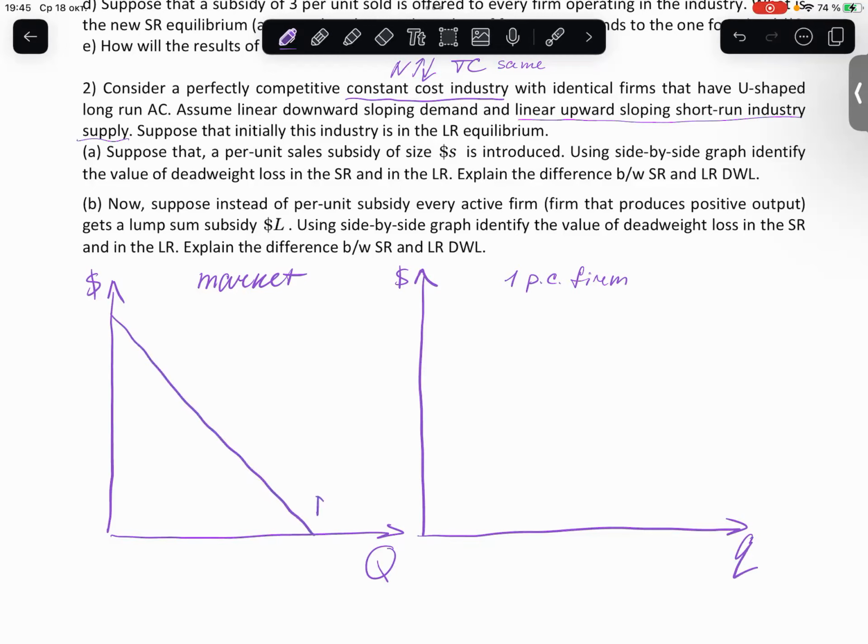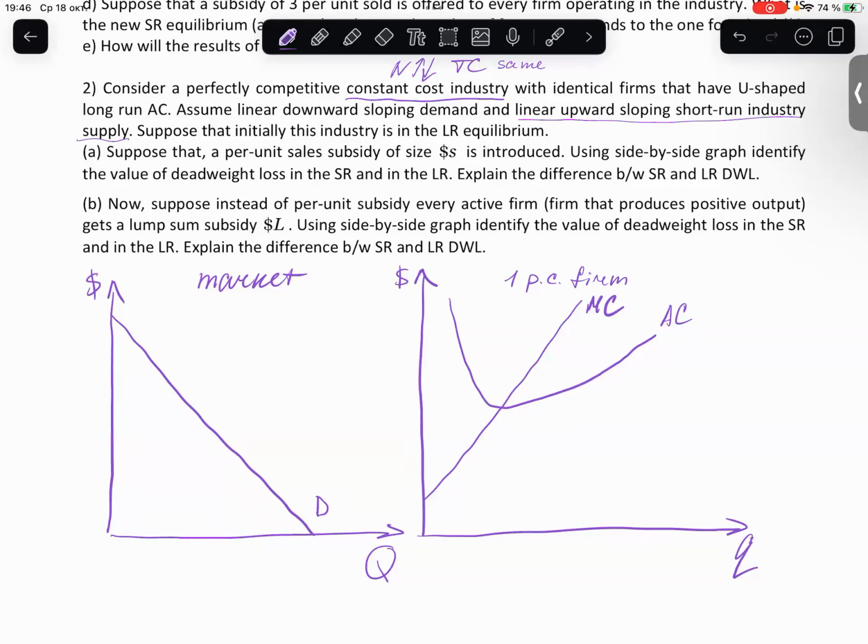Marginal costs of one firm are linear, something like this, marginal costs before the change. And long run average costs are U-shaped. We know that marginal and average costs intersect at the minimum of average cost. So this is average cost. And now we are initially in the long run equilibrium.